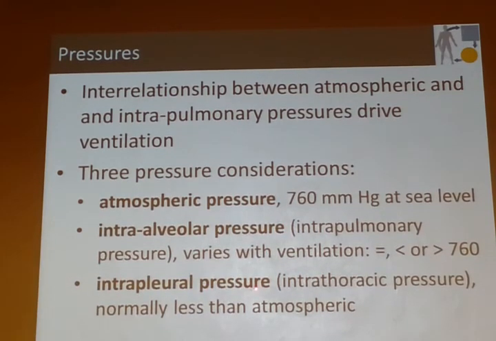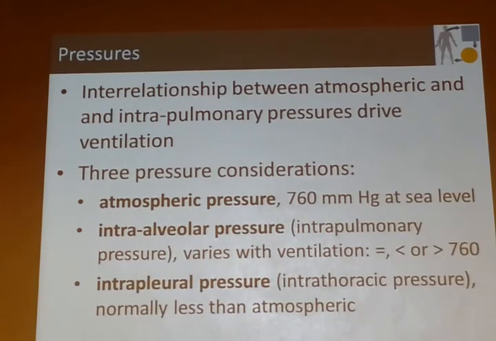Intrapleural pressure, also called intrathoracic pressure, is the pressure that is between these two pleural membranes. So in the pleural cavity, this is intrapleural pressure. Since there's a tug of war going on here, the elastic lung wants to go this way and the chest wall wants to go that way.